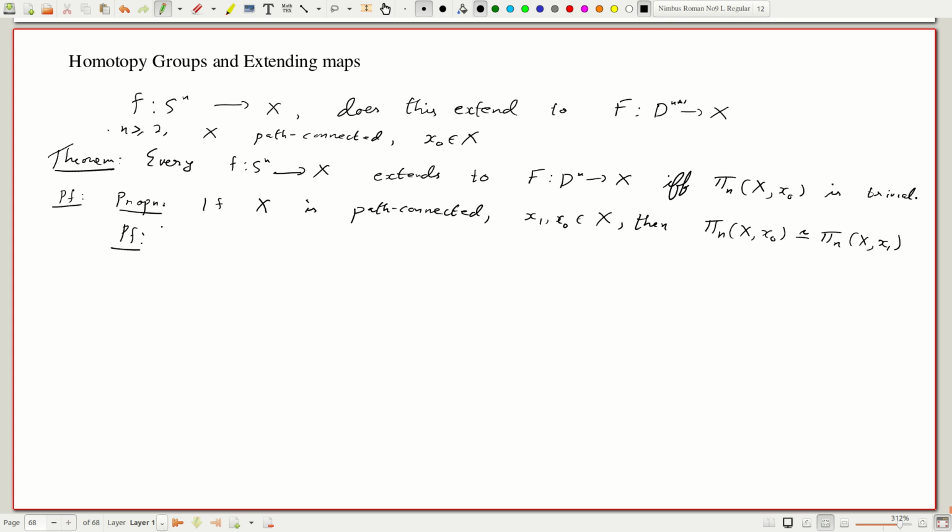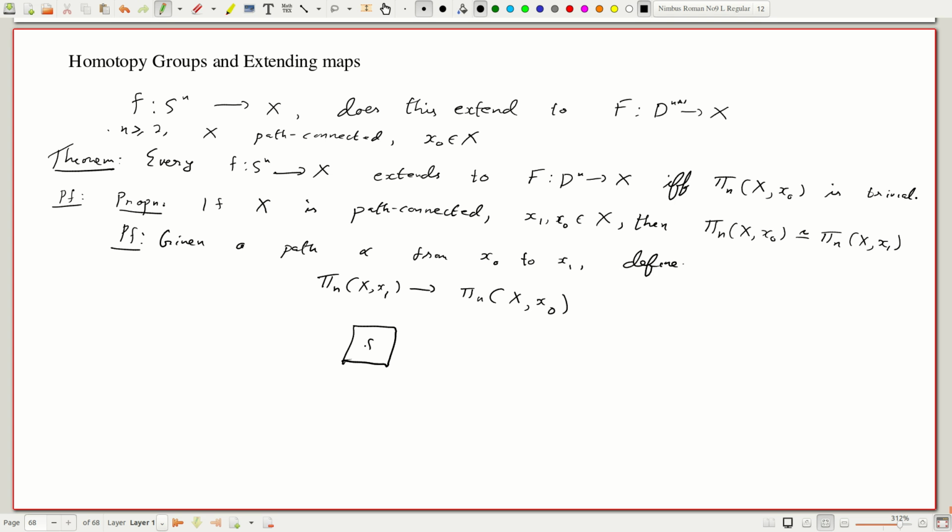So let's prove this. The idea is that we have to take a map which is an isomorphism between these two. So given a path alpha from x0 to x1, we define a map, whichever way you want, pi_n of (X, x1) to pi_n of (X, x0), and this is the map which we had previously.